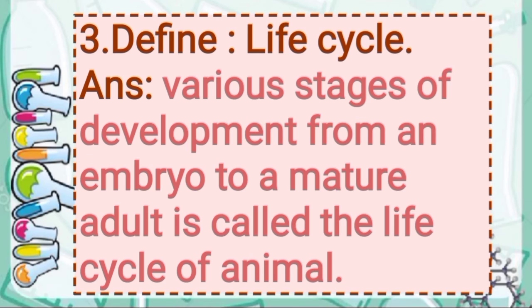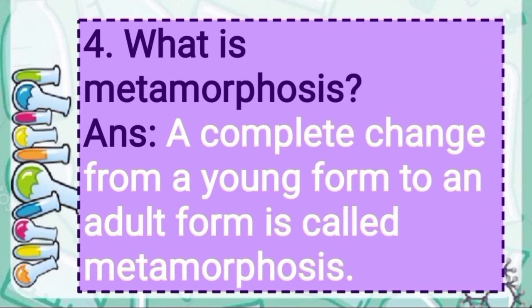So the answer is various stages of development from an embryo to a mature adult is called the life cycle of an animal.